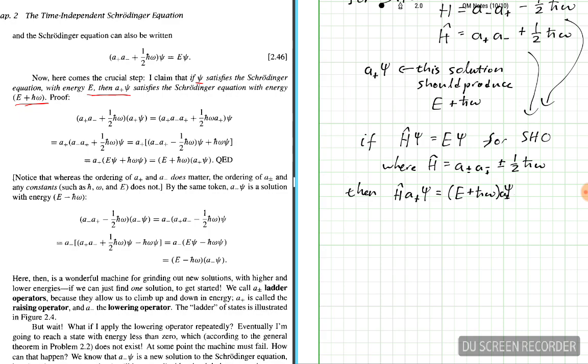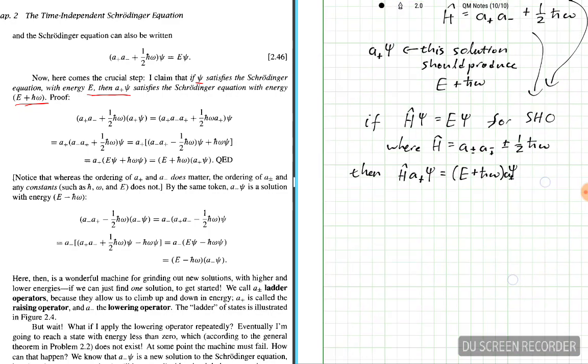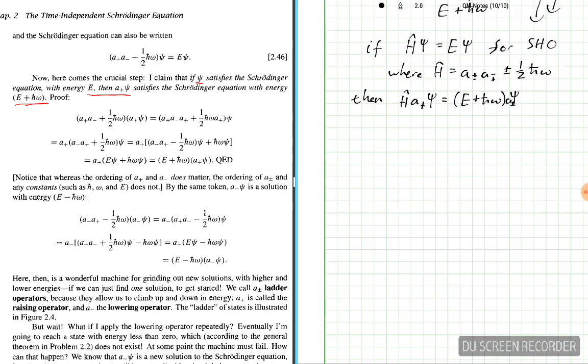That's our expectation. So this would be what you would call our hypothesis. This is what we're going to test. So if this is true for harmonic oscillator, this should also be true. And let's go ahead and test that.